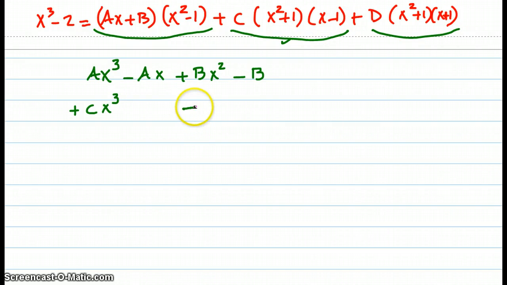So I'm going to write that under this, so adding up all the like terms becomes easier. c times 1 times x gives me plus cx. c times 1 times negative 1 will give me negative c.